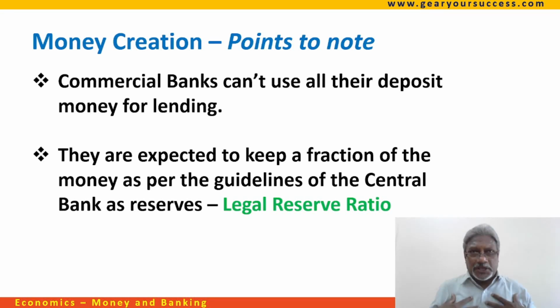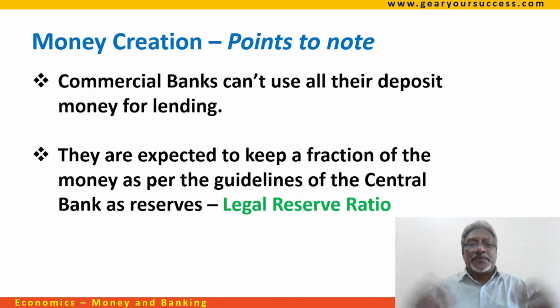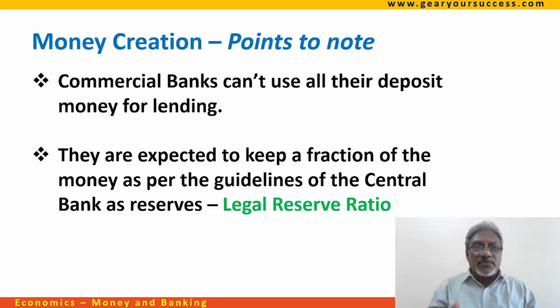If I am taking 1 lakh deposit from person A, and a few lakhs from somebody else, and all put together I have 10 crores as a commercial bank, I am not supposed to lend that entire 10 crores, because the central bank insists that a commercial bank should retain a fraction of the money that they receive as deposits, and only the remaining should be lent.